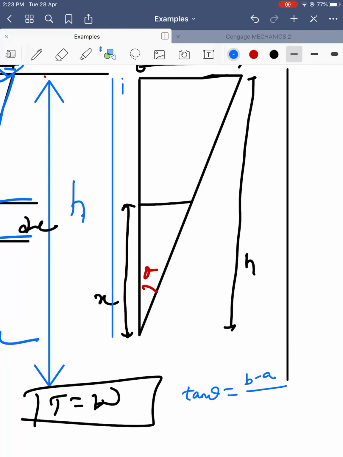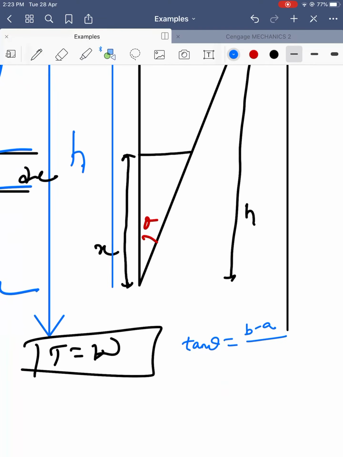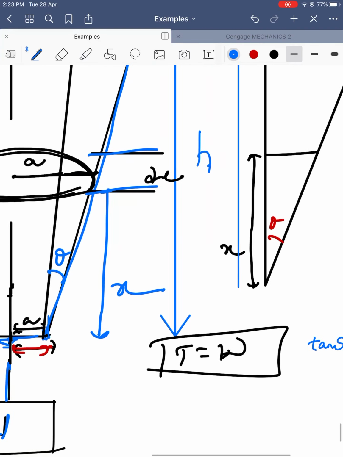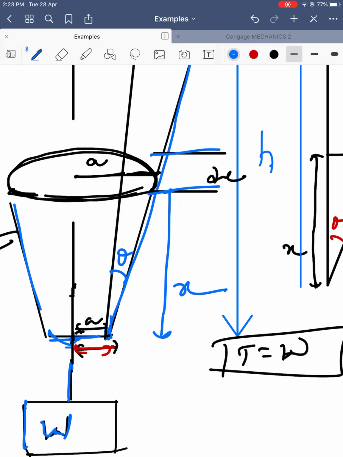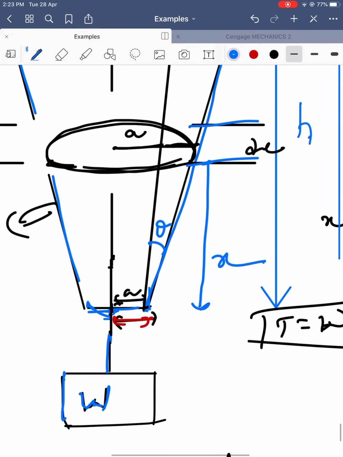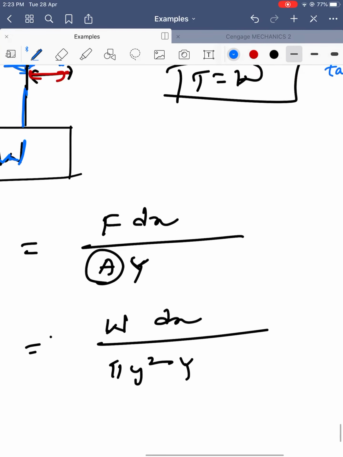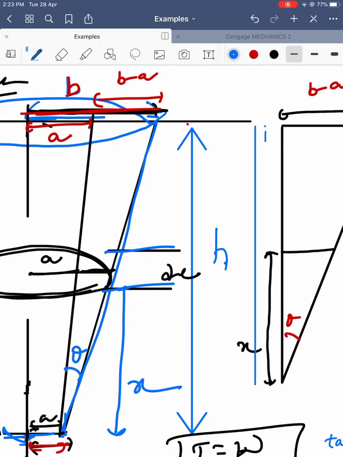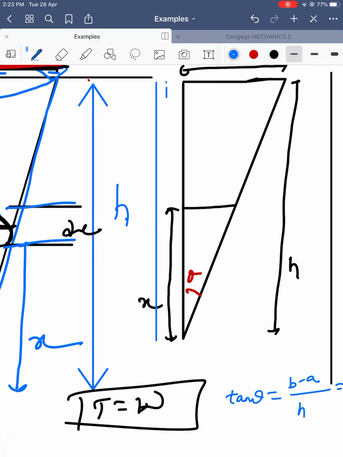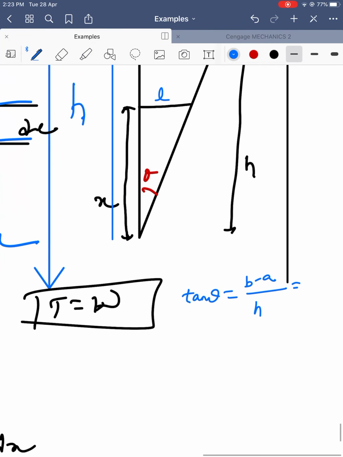From top to bottom the height is H. Tan theta is equal to B minus A by H. I am considering small y is equal to A plus L. So L by X, L is equal to B minus A by H into X.